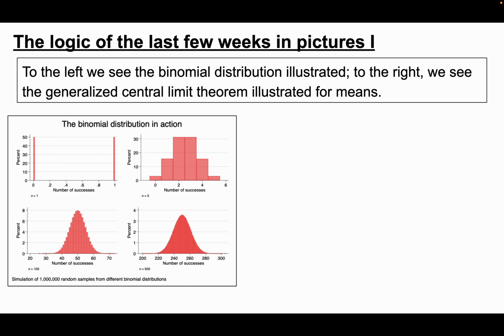That's not something that we actually have to do, because probability theory tells us that these means and counts or successes are taken from these normal distributions. So we can just use our sample size and use that maximally.